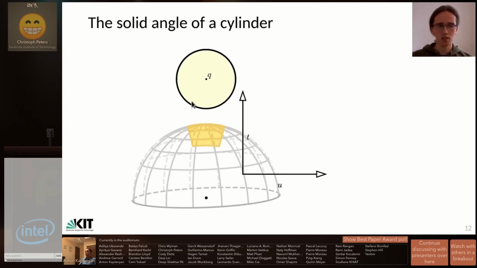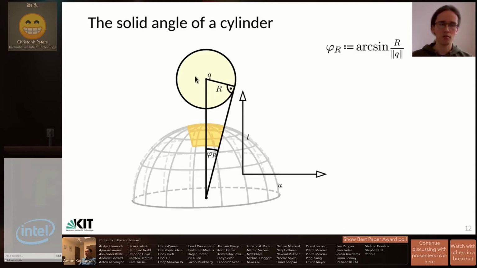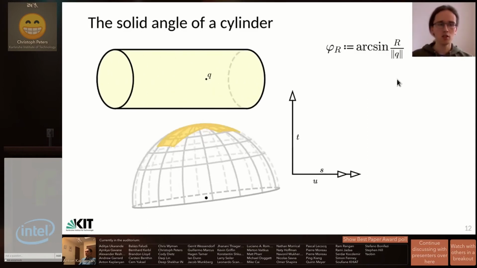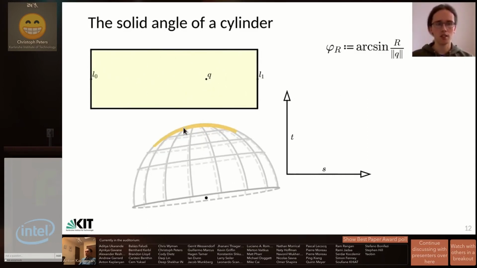It's just a circle now, so if we want to compute the opening angle of our solid angle, we can construct a right triangle, and we know the opposite and the hypotenuse, so we get a very simple formula to compute this opening angle. We can also look at our cylinder in the TS plane.